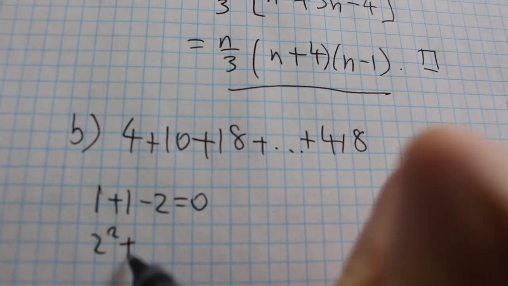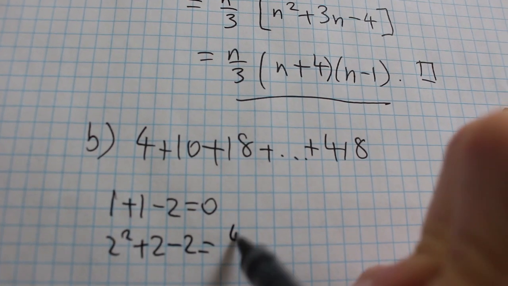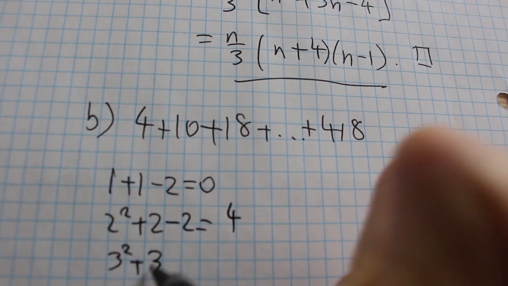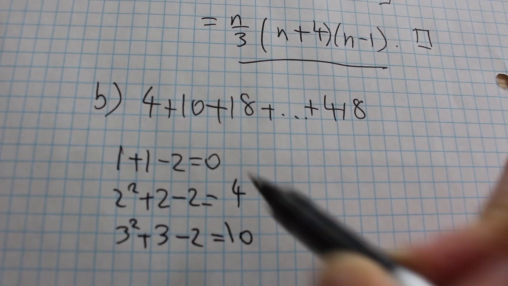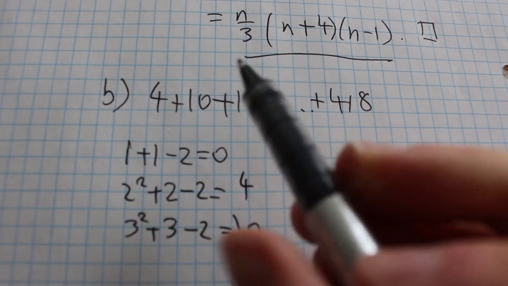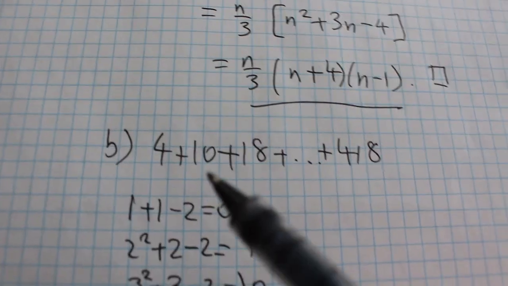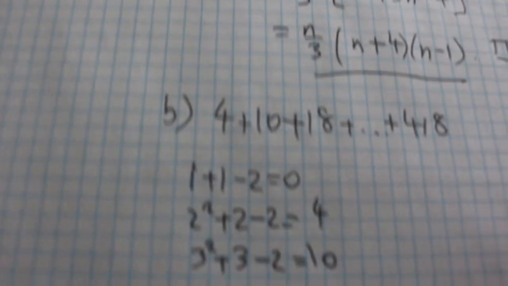If r is 2, we get 4. If r is 3, we get 10. So it appears all of these terms are the terms in this series, r squared plus r minus 2.